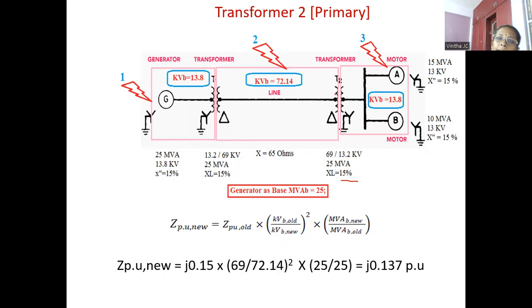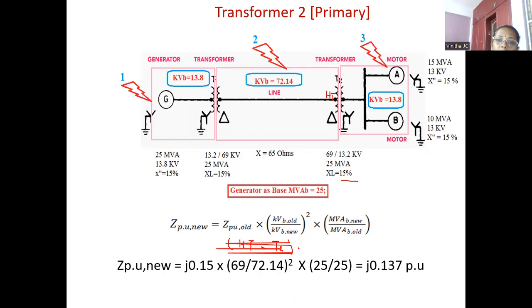Here also it is taken as the high tension side of transformer T2. High tension side means the old value is 69 and the new value is 72.14. This calculation is referred to the high tension side of transformer T2.